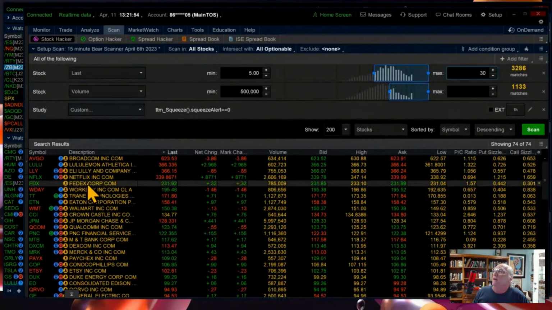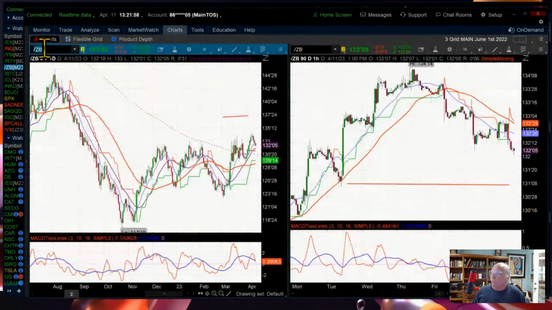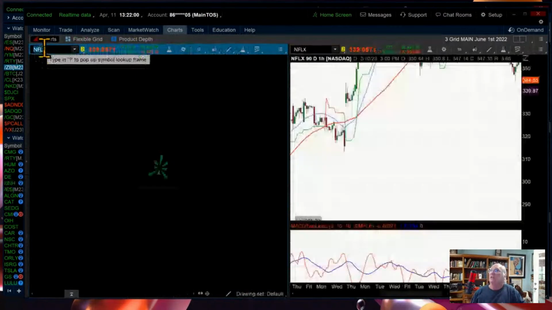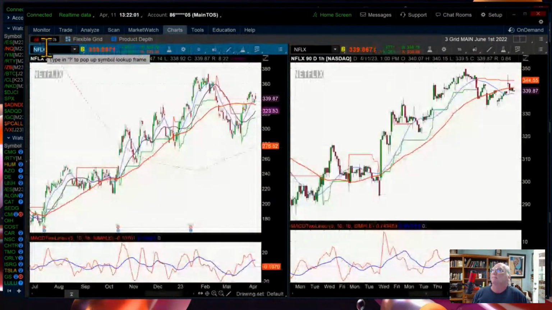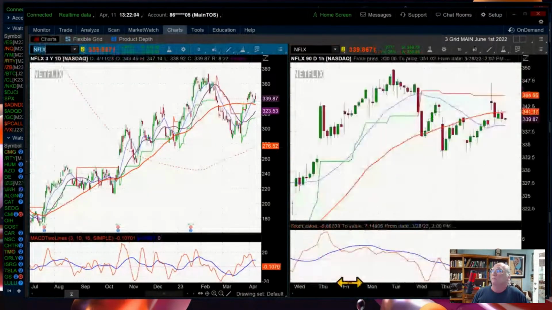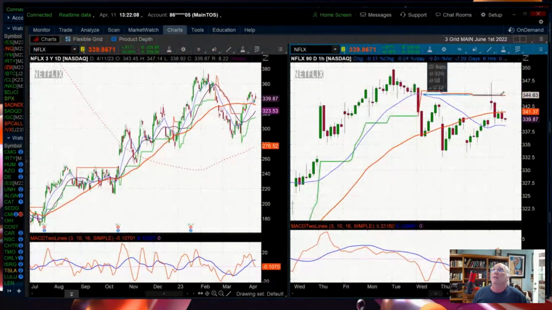So when you go down to these, that was the more expensive. You have FedEx on there, you have Netflix. So these are hourly. So let's go put Netflix up here. See if we could determine something. Oh, that's the other thing. Does that look like Broadcom? It doesn't really have a bear flag like Broadcom, but it is some kind of zone.